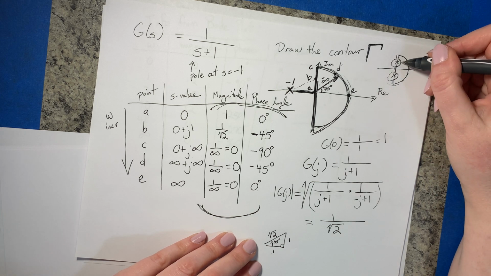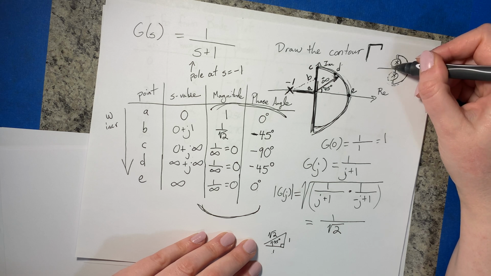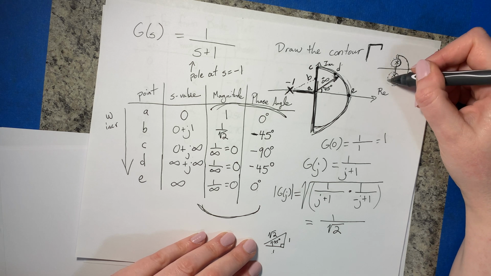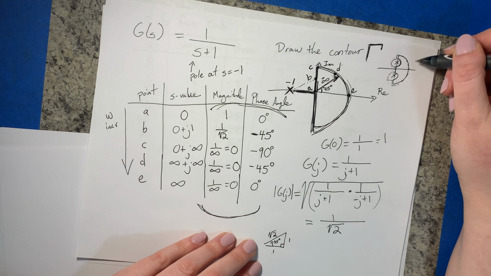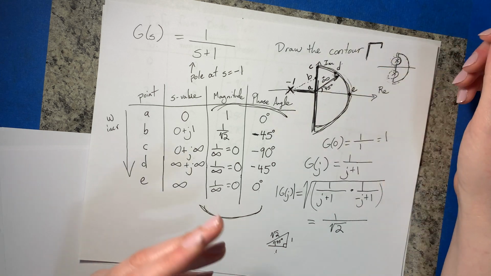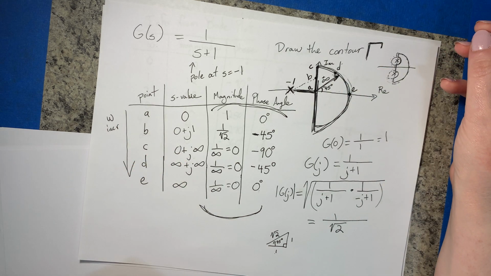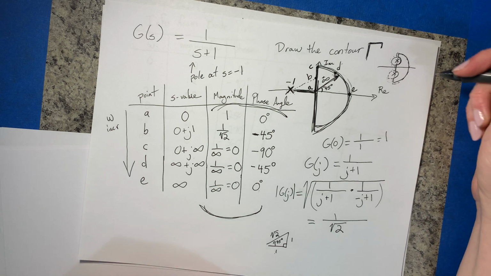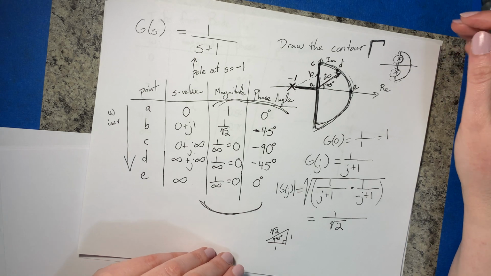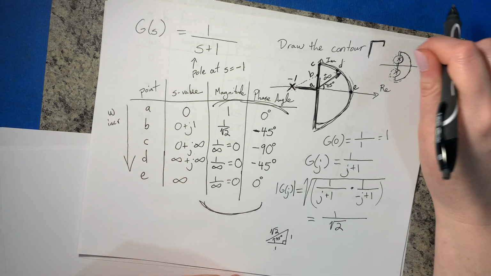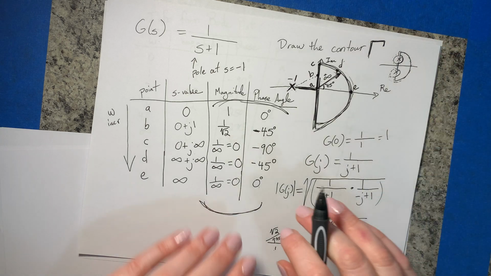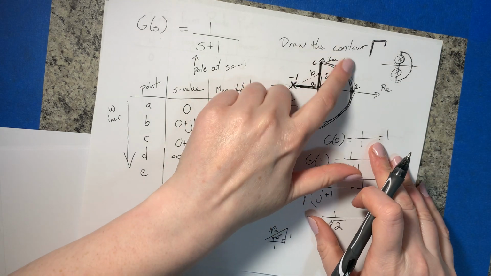It's your choice. You can choose either the solid line or the dotted line, including a bit of the left-hand plane in the process. Both of these will result in different Nyquist plots. They'll look a little different, but you should be able to use the stability criterion either way and get the same result. So let's go ahead and draw the contour.